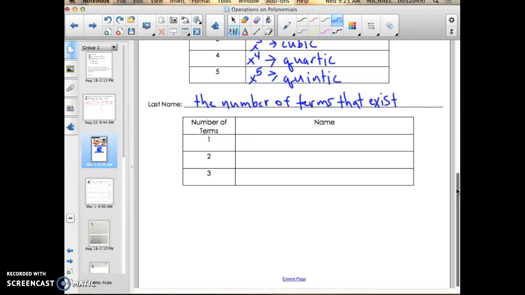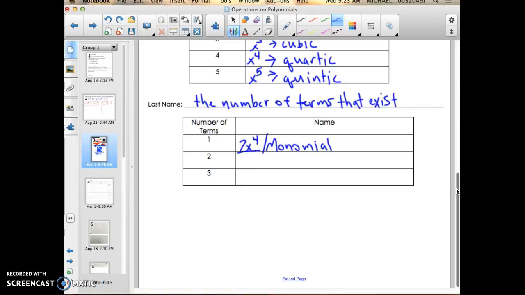In this case, we're just going to name up to 3-termed polynomials. You might see 4-term or 5-term polynomials, but I just want you to worry about naming up to 3 terms. The first one we already talked about is a monomial. Something like 7x to the 4th, if that was just what existed, would be a monomial because there's only one term.